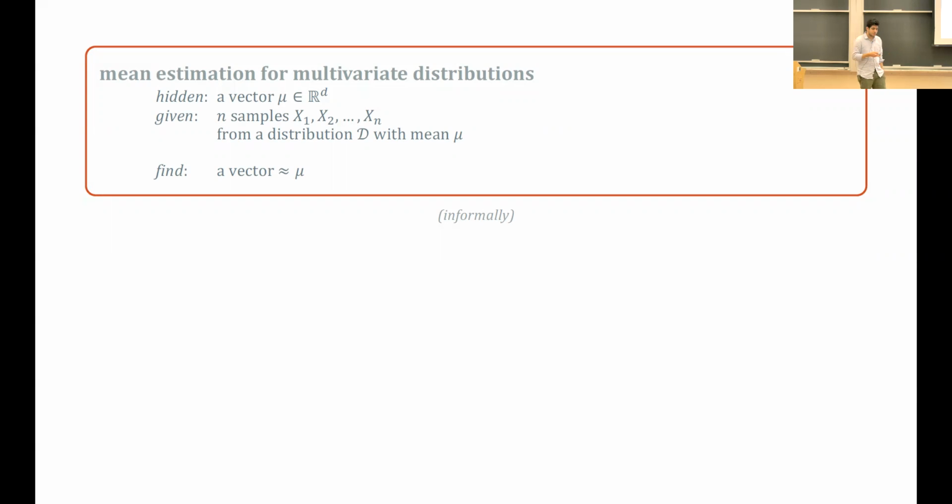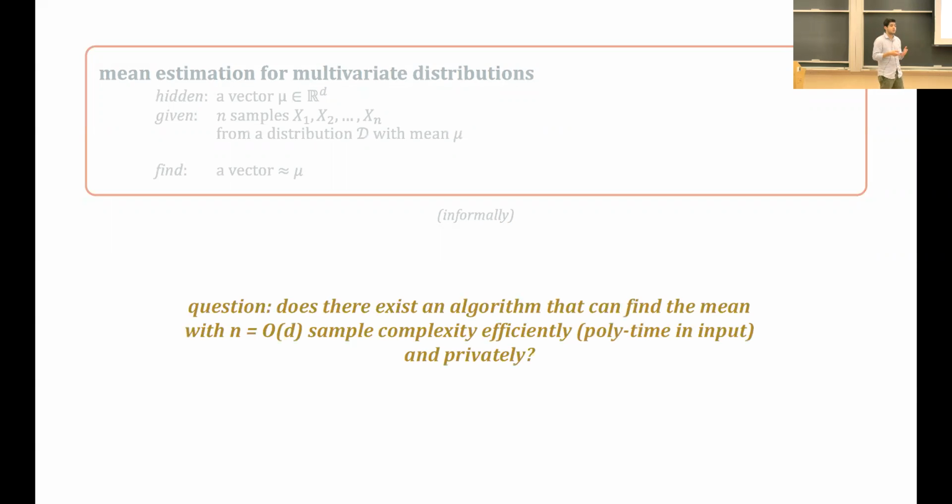So there was an open problem in private statistics, and that was whether there exists a polynomial time algorithm for this problem, which requires the optimal number of these samples and is efficient, as in it is polynomial time in the size of the inputs.